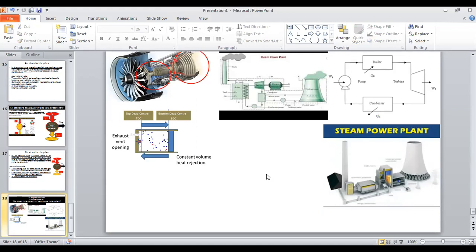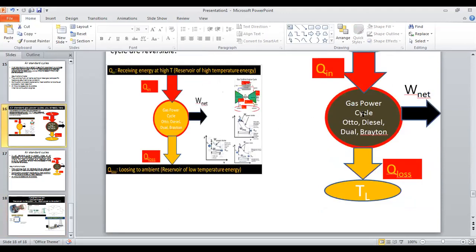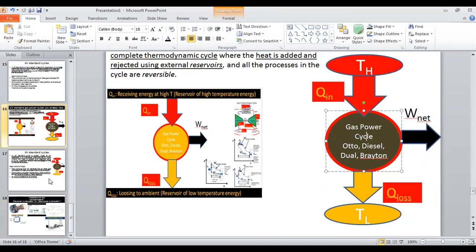You cannot have this on the land side. So you have to have an abundant water source as the low temperature reservoir, which would be the sea. That's why now you can see that heat rejection happens, because in any system there are heat rejections.